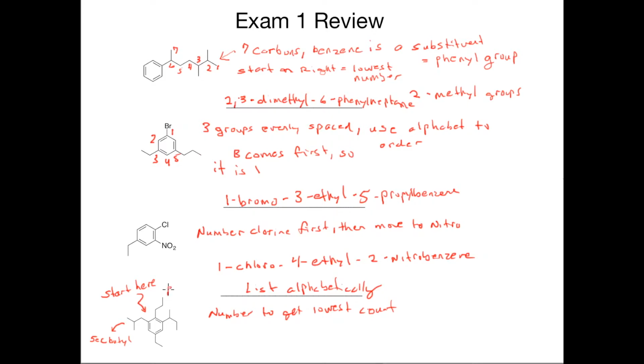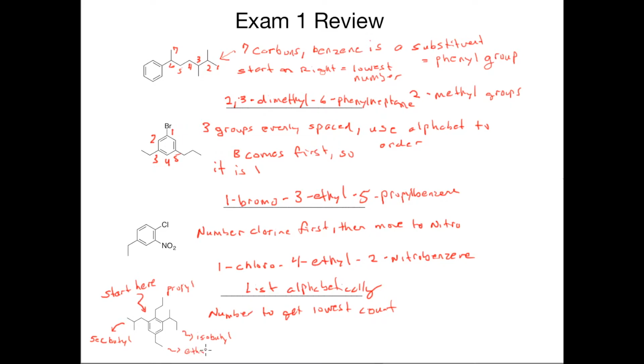And remember that the sec part we're not going to alphabetize. This is the propyl, of course, and then down here is the isobutyl group, and then of course I have ethyl here.